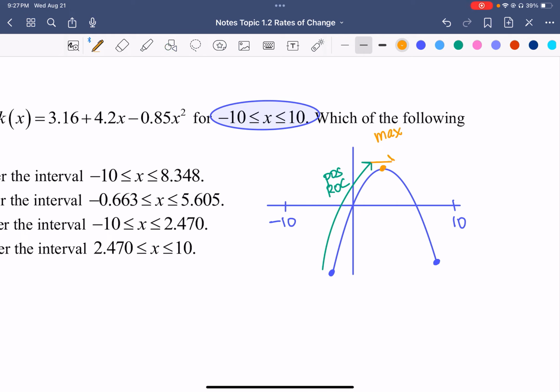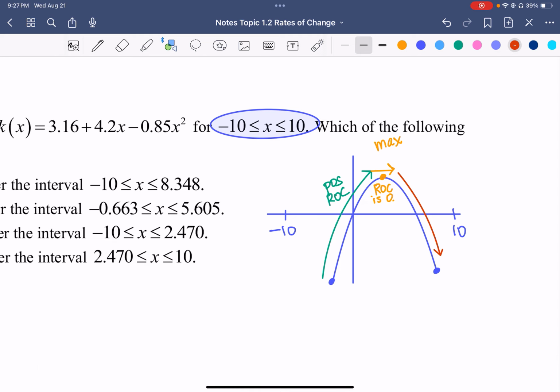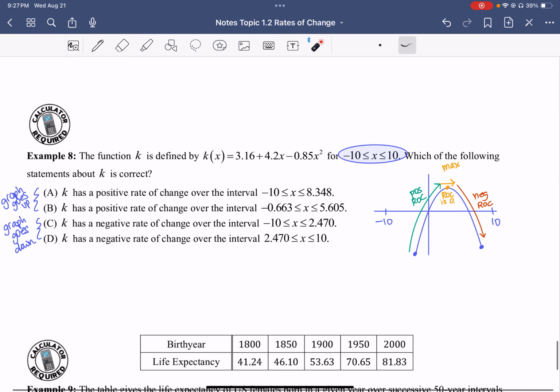It is a constant line, so rate of change is 0. And then after the maximum, you have a negative rate of change because it's going down.